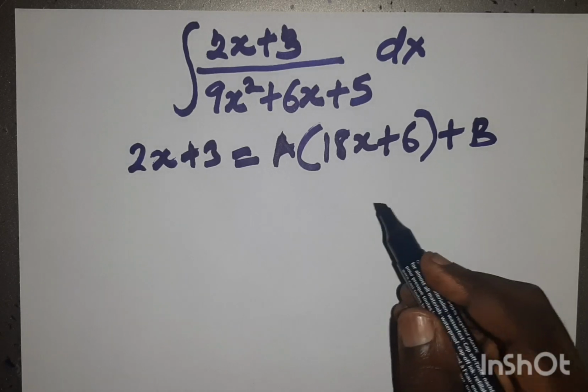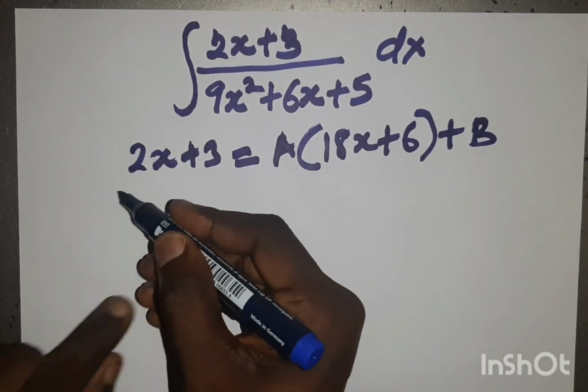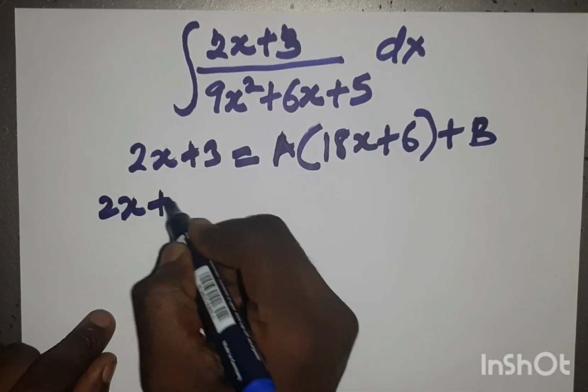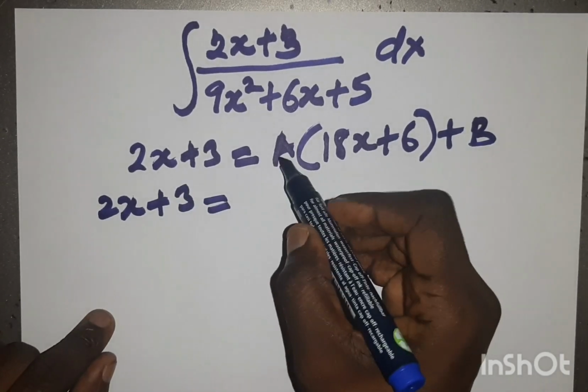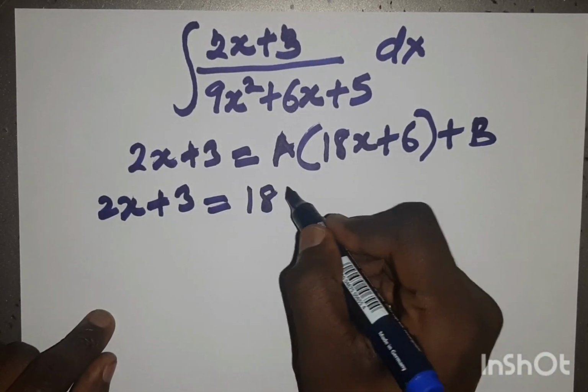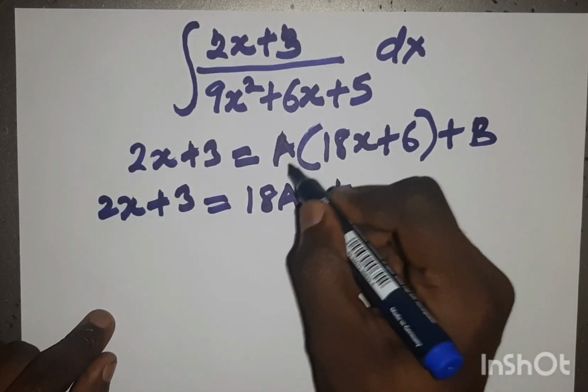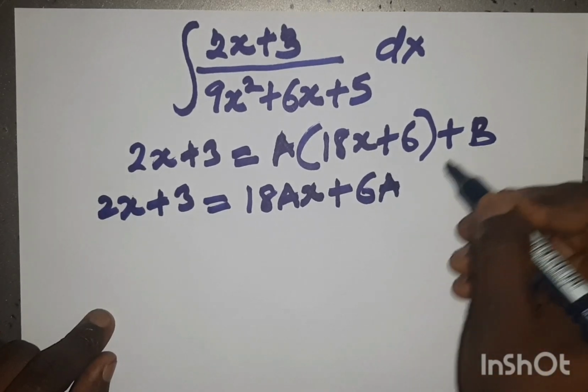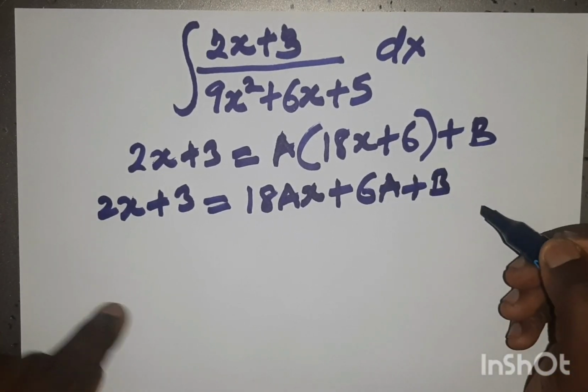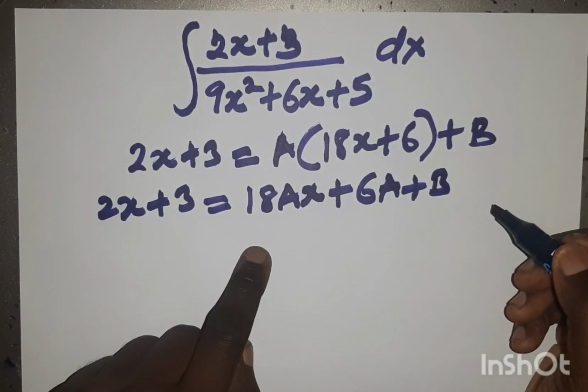Let me open the bracket on the right hand side. I have 2x plus 3 equals a times 18x, which is 18ax, plus a times 6, which is 6a, then plus b. Now I can equate corresponding coefficients.